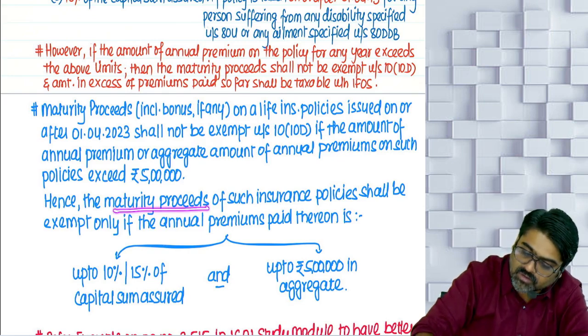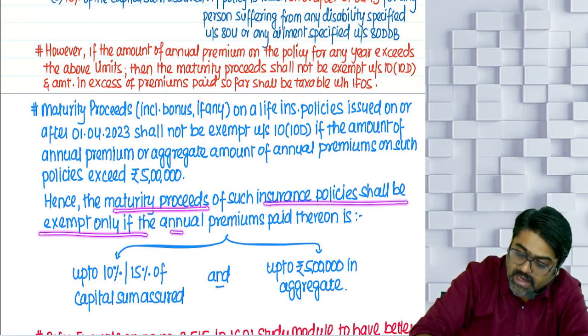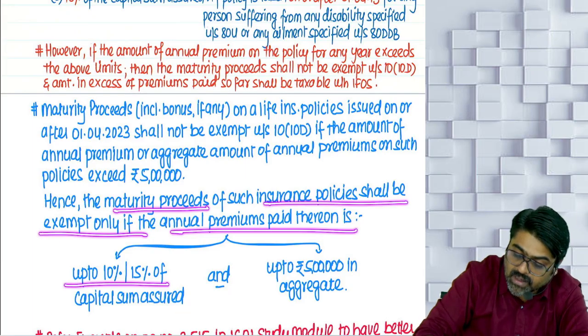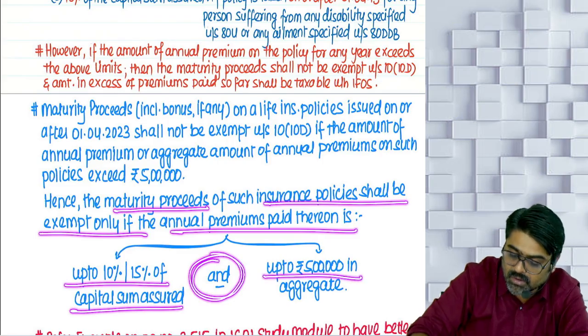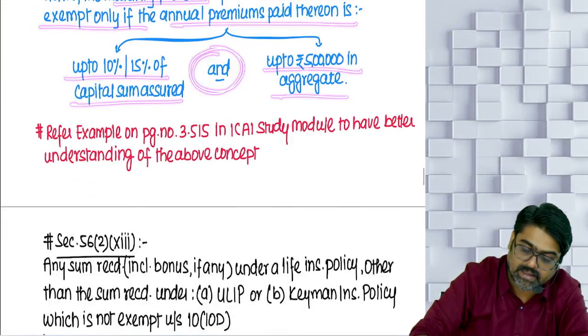Hence the maturity proceeds of such policies shall be exempt only if annual premiums paid are up to 10% or 50% of capital sum assured and up to 5 lakhs in aggregate.